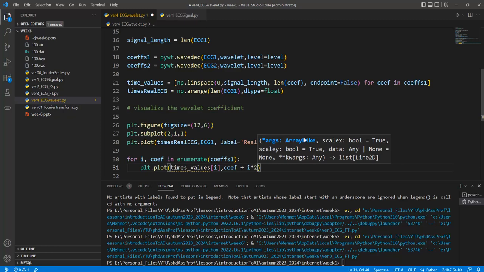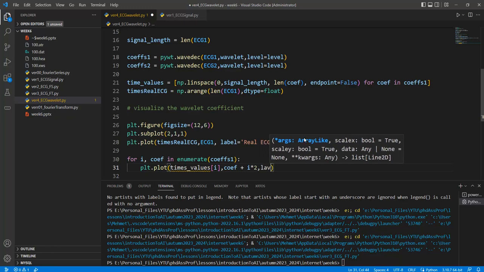I times 2 is not necessary in this code, but if I don't put this code, each signal is shown at the same level, okay. 1, 2, 3, 4 creates the different patterns in normal case, okay.